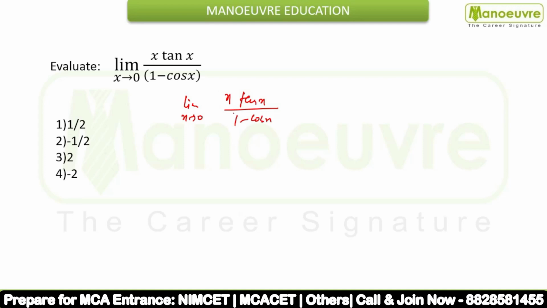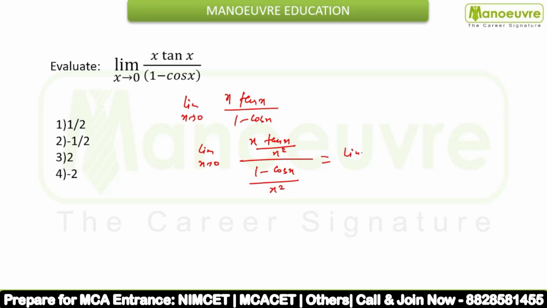If you have to solve this question, you can apply L'Hospital rule, or you can divide numerator and denominator by x square. When you divide numerator and denominator by x square, you will get x tan x upon x square, upon 1 minus cos x upon x square, right?